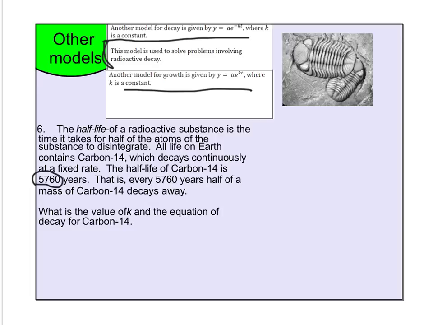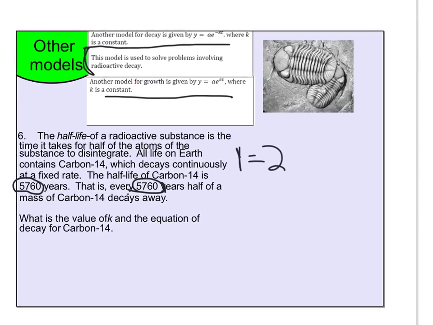So let's take a look at what we're dealing with here. You have e, and you're trying to figure out your half-life, which is 5,760 years. So that's going to be your time. Your initial starting amount, I'm just going to say it's 2, because you're trying to cut it in half.